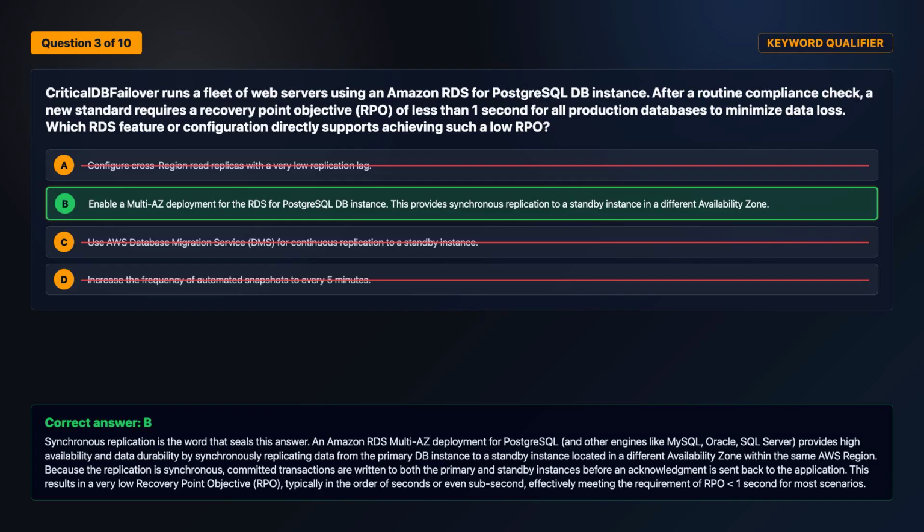Because the replication is synchronous, committed transactions are written to both the primary and standby instances before an acknowledgement is sent back to the application. This results in a very low recovery point objective, RPO, typically in the order of seconds or even sub-seconds, effectively meeting the requirement of RPO 1 second for most scenarios.